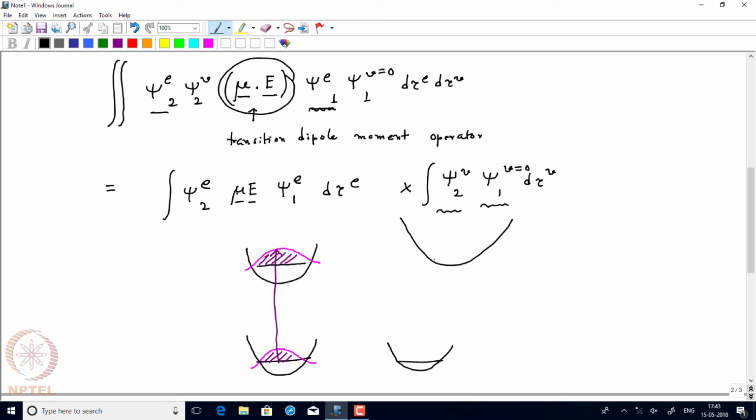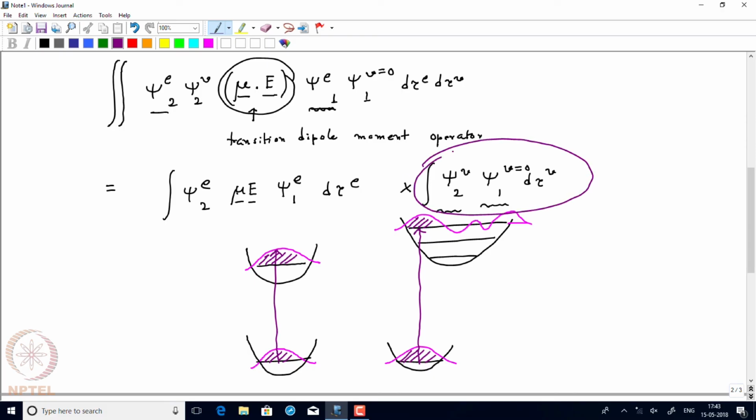I will start from v equal to 0, but since it has been shifted, I will try to end up with some excited state wave function that has some amplitude of vibration at the corner, because if you remember, when I am exciting vertically, I am ending up in a corner, so that I will have some vibrational amplitude overlap, which is given by this Franck-Condon factor. So this vibrational overlap is known as a Franck-Condon factor.